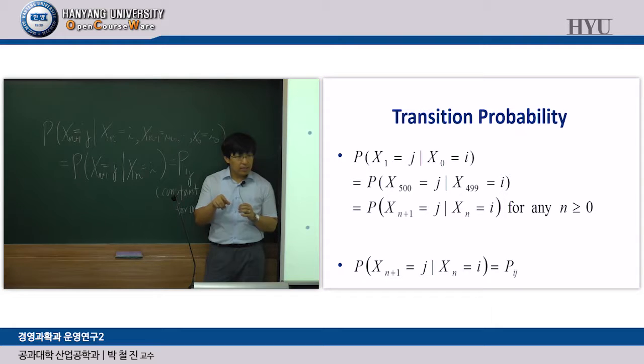When you think about conditional probability, this value should be 1.